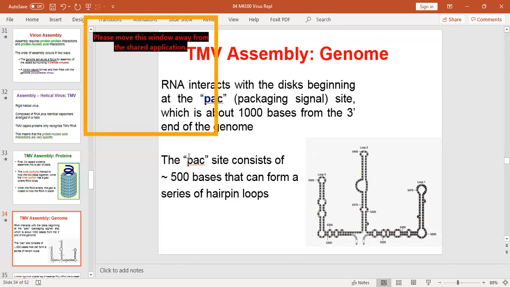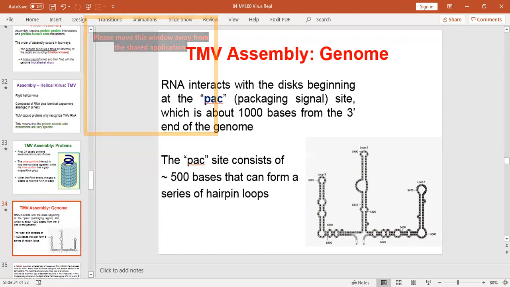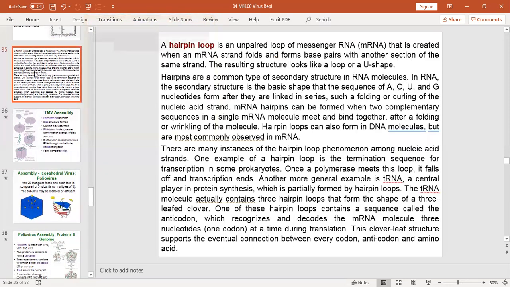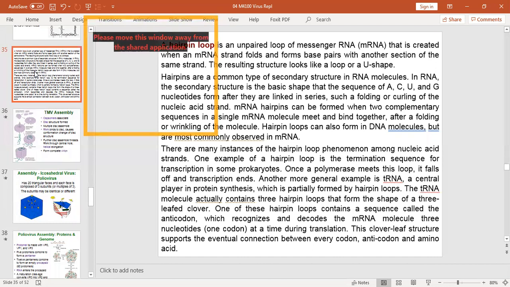And this PAC site itself is about half a kb, or about 500 base pairs, and it can form a series of hairpin loops. So for those individuals who may have forgotten what a hairpin loop is, I have included a definition of hairpin loop in slide number 35.